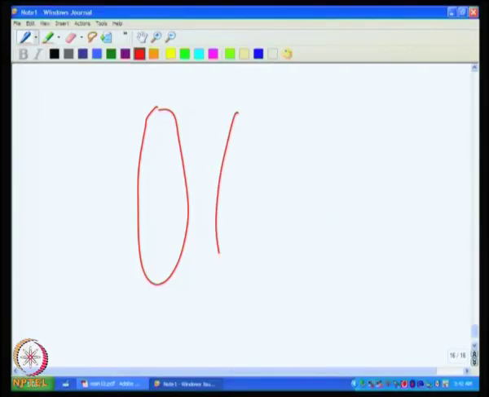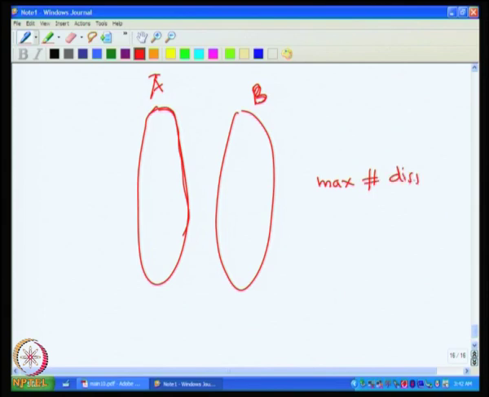Before getting to the proof, let's look at some interesting features. You can take a bipartite graph, and let one side of the bipartite graph be the set A and the other be B. Now, if I ask for the maximum number of disjoint AB paths in this graph, what is that?